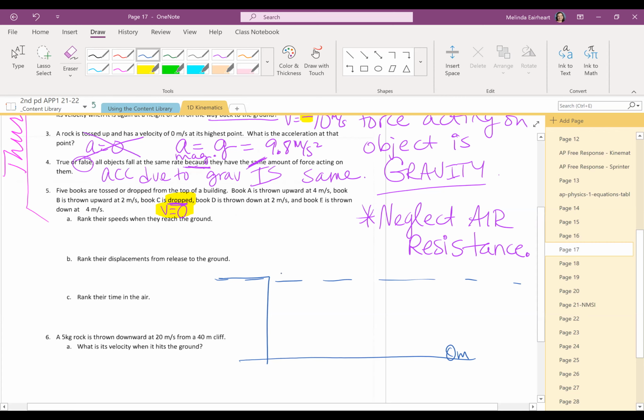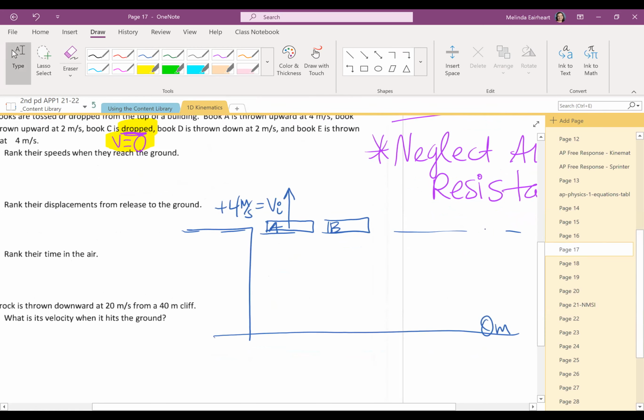And so book A is thrown upwards with an initial velocity of positive 4 meters per second. Book B is also thrown up, but half the speed. I'm going to try and draw half the size of the arrow. Initial velocity, positive 2.